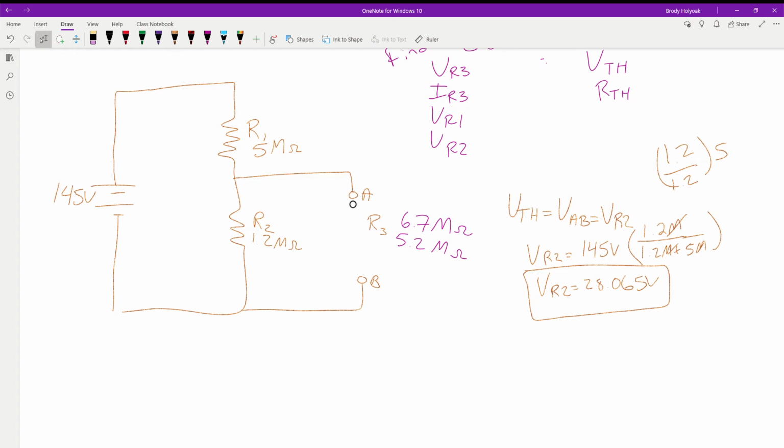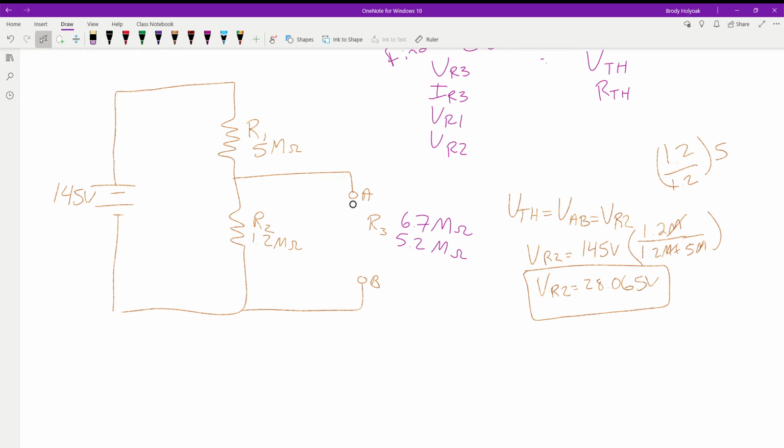But don't get it confused: this isn't the actual voltage across R2, it's just our Thevenin voltage. We just used voltage divider, which is the total voltage multiplied by the resistor we're looking for over the resistor total.